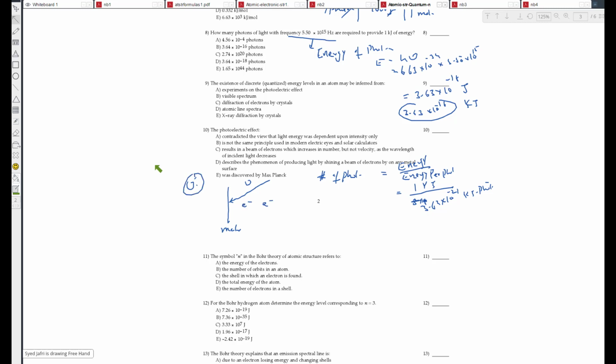It emits electrons. These electrons are called photoelectrons, and the effect is called the photoelectric effect. When light falls on a metal surface and its frequency is more than the threshold frequency, then the electrons come out from the surface.